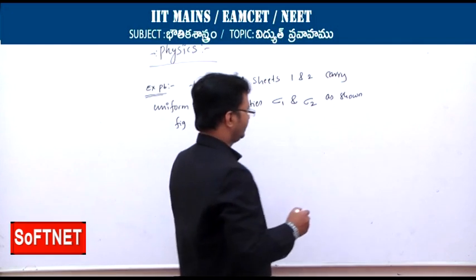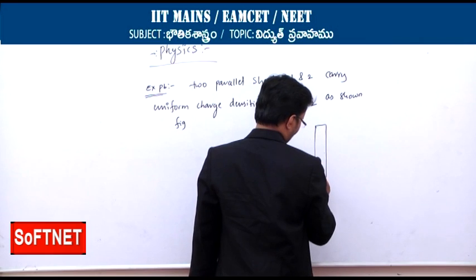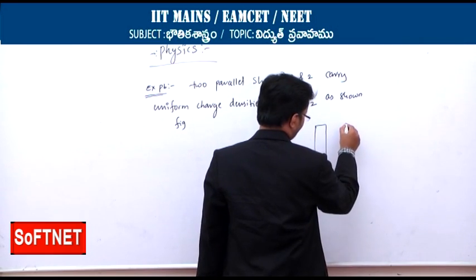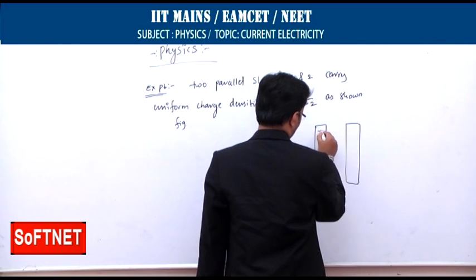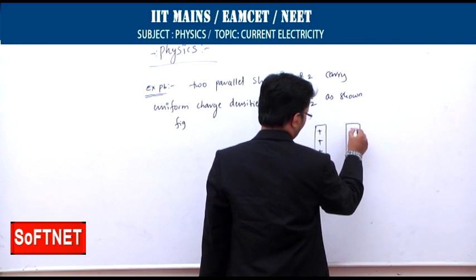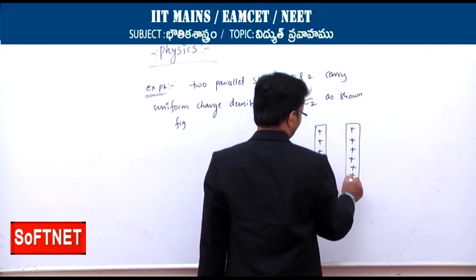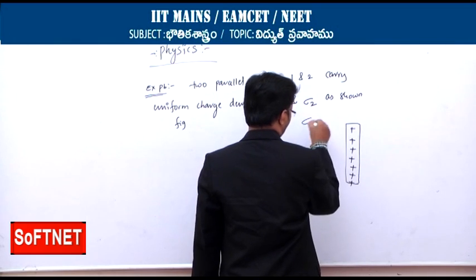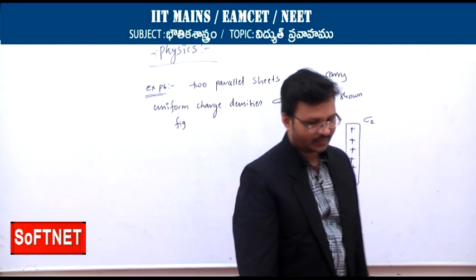Clear? What is that? Here they are giving a figure. This is one sheet and this is one sheet. This sheet has the charges and this sheet has the charges. This is sigma 1, this is sigma 2.